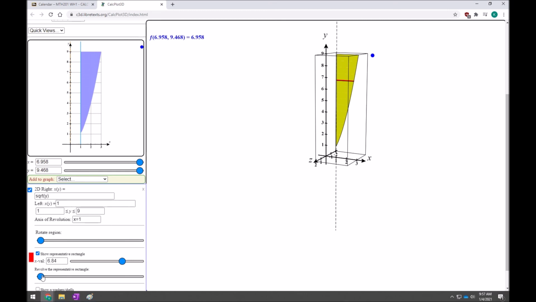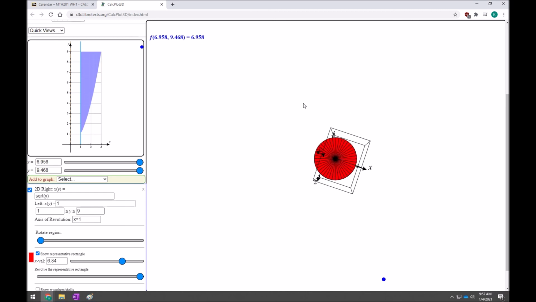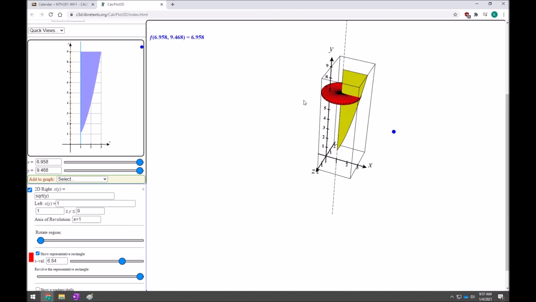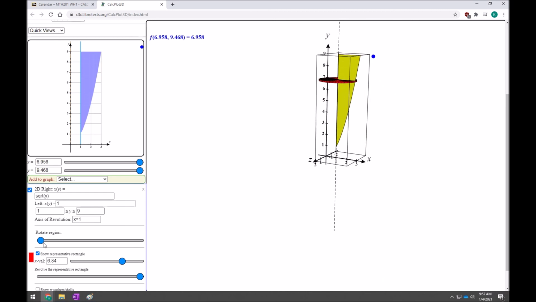When we revolve that rectangle around the axis, we are still creating a circle, but now it's a circle that's stacked on top of or below other circles. We can imagine very, very small circles at the bottom and circles with much larger radii up at the top.